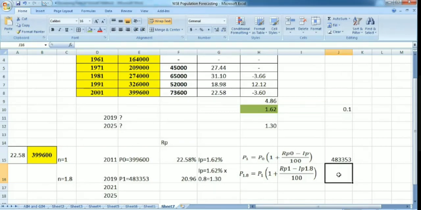Now can you calculate the value of this? Which P naught value should I consider?